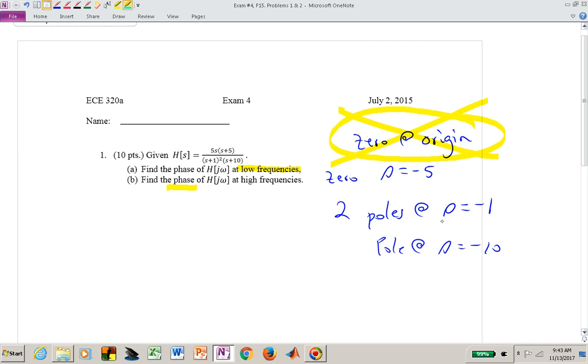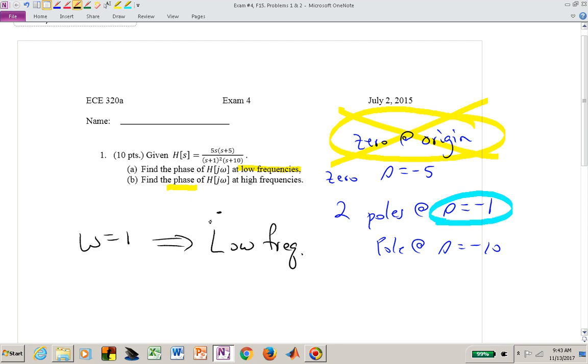In this particular case, we actually have a pole at omega equal to 1, and we would then want to be a decade below that, so low frequencies would mean omega less than 0.1. That's what we would mean by low frequency.